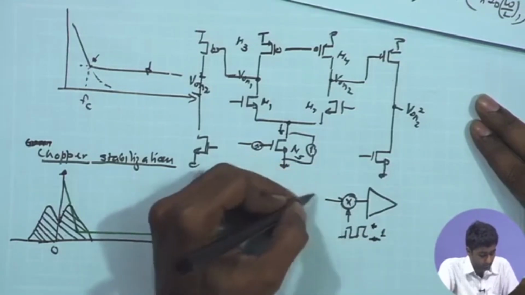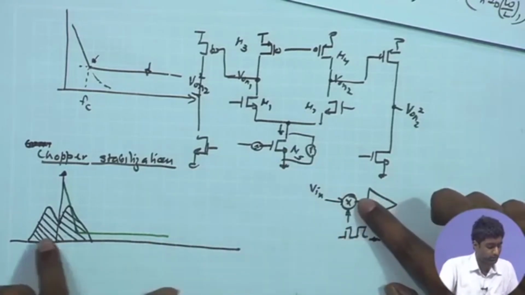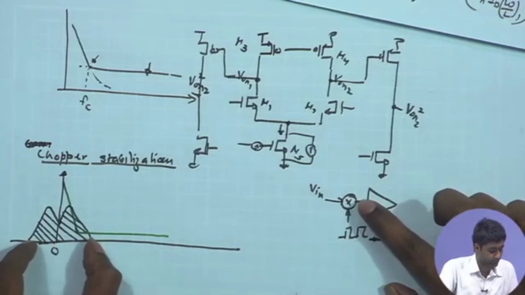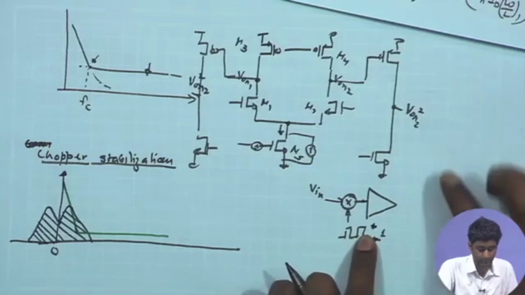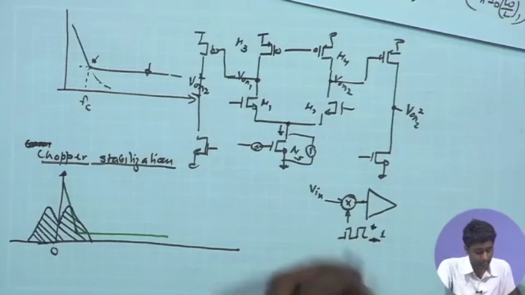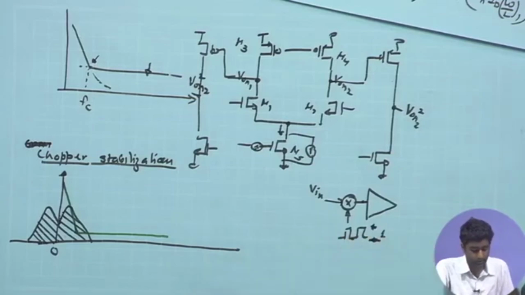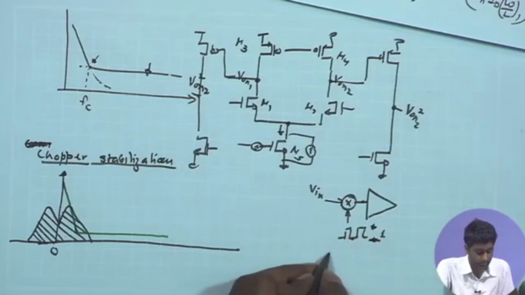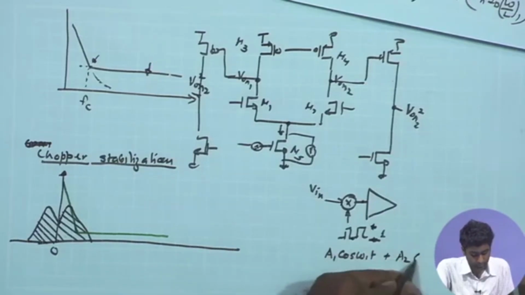As a result, the overall frequency spectrum of the input signal gets shifted by the frequency harmonics of the square pulse. We know that the square pulse is going to have harmonics at the fundamental frequency of this square wave and also the higher harmonics. So, I can represent this as A1 cos omega1 t plus A2 cos 2 omega1 t and so on.